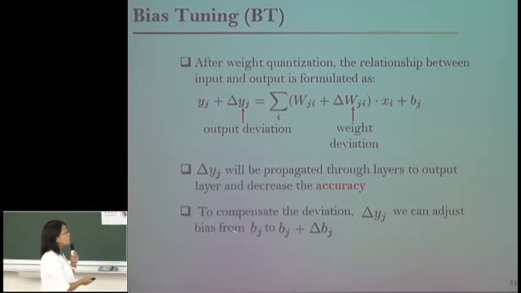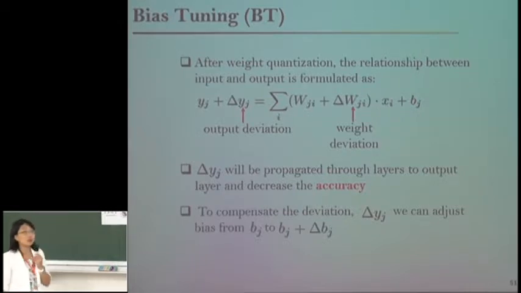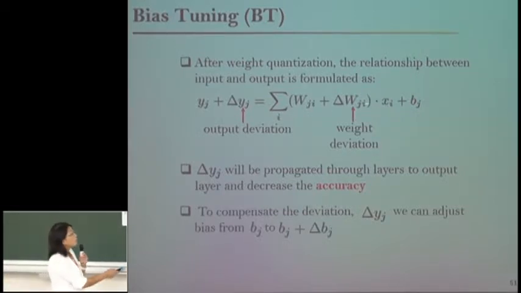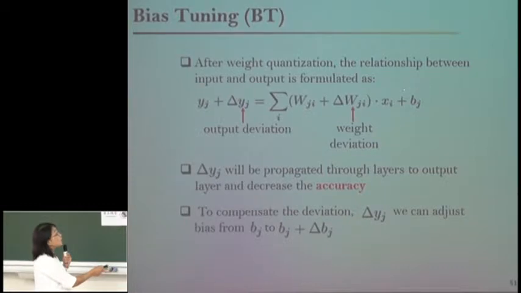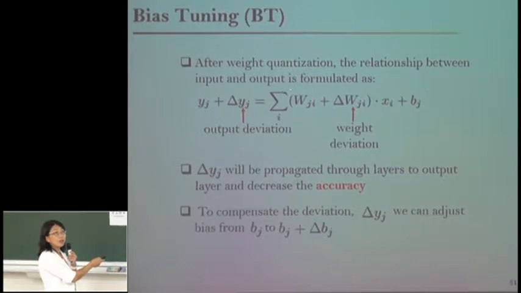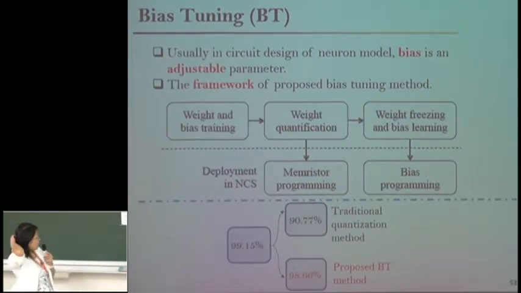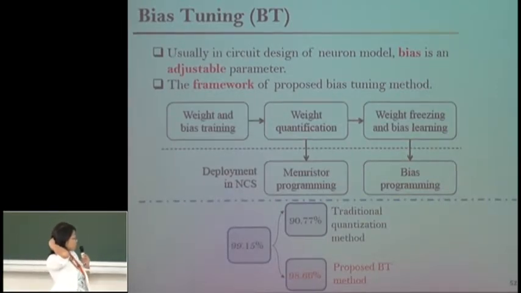We propose the bias tuning structure. Essentially, we try to tune the b in each layer to compensate or eliminate the delta yj, so it's not going to propagate to the following layers. That's the basic concept.